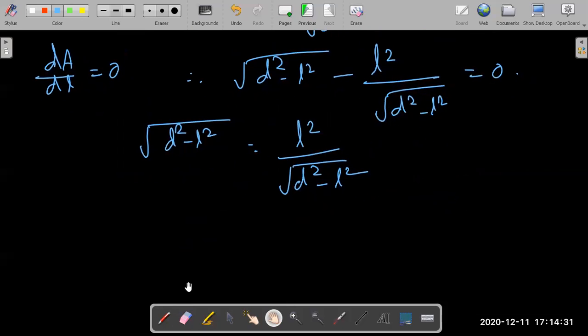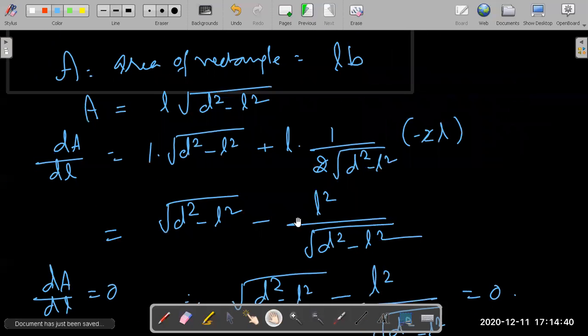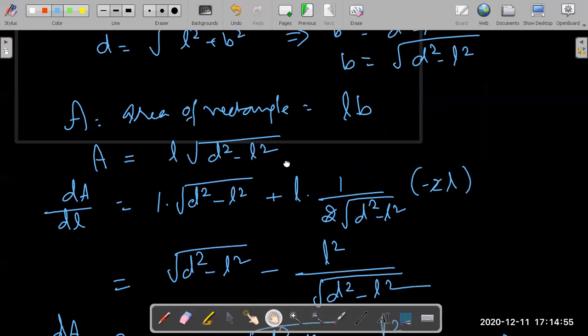If you multiply this, there must be some catch, something we are missing, I think. We said L into minus 2L, so L squared, and this is this. So we got L squared equal to D squared minus L squared. So there's one more L that must be coming.